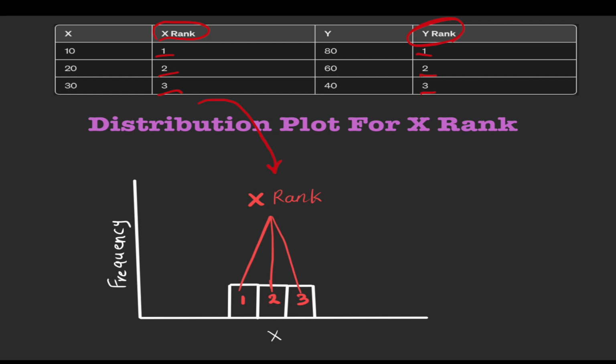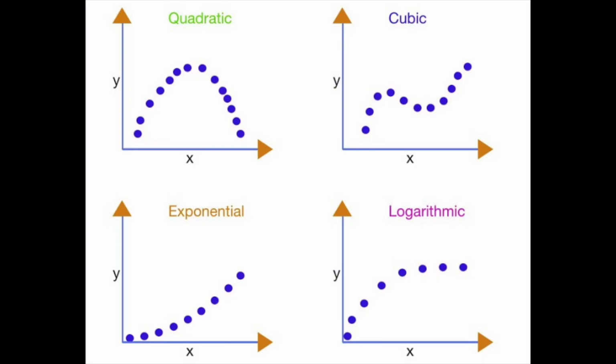This is distinctly different from a normal distribution, where data points tend to cluster around a central mean. So even if your data doesn't fit a normal distribution, you can still use Spearman correlation to understand the relationship between your variables. Let's talk about another key feature of the Spearman correlation.